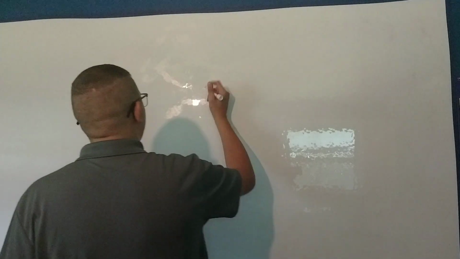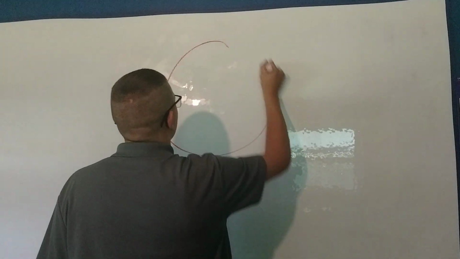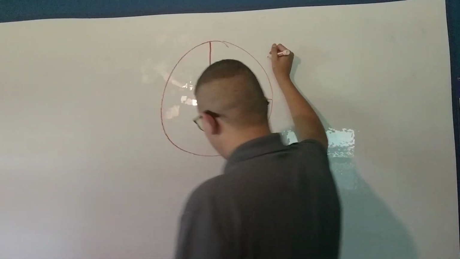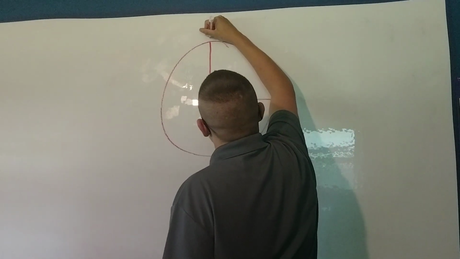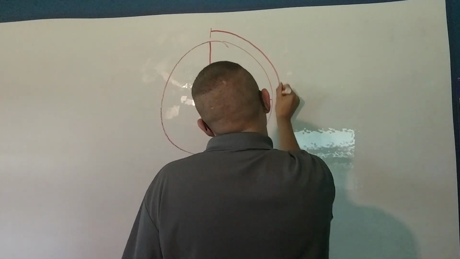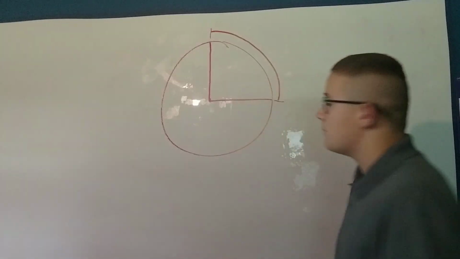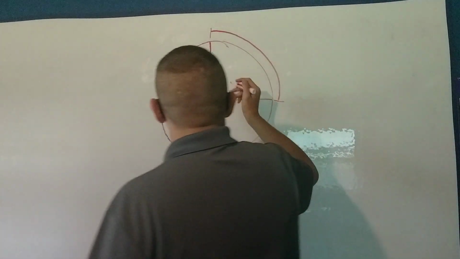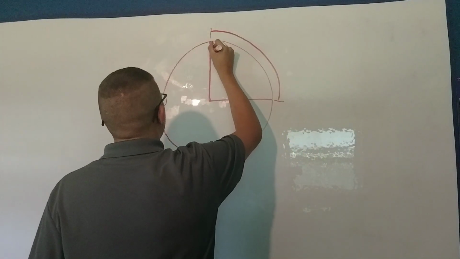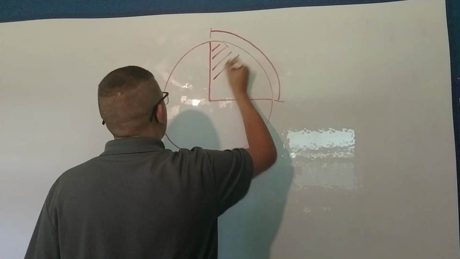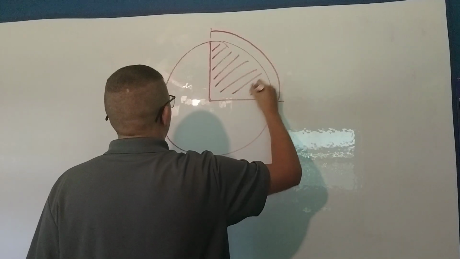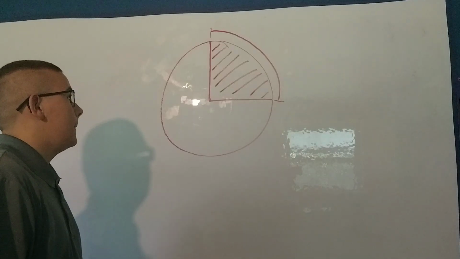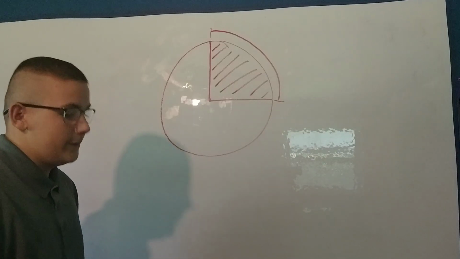If we have a circle like this, we're trying to find the length of this arc, the entire measure of that arc right there. Or we're trying to find the area of this section, this pizza slice. So that's what we'll be doing.